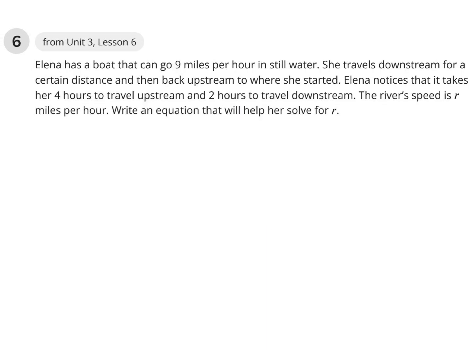And finally, all right, let's analyze this problem here. Elena has a boat that can go 9 miles an hour. That is a speed. As we read down, she travels downstream for a certain distance and back upstream. So that means her distance is the same.